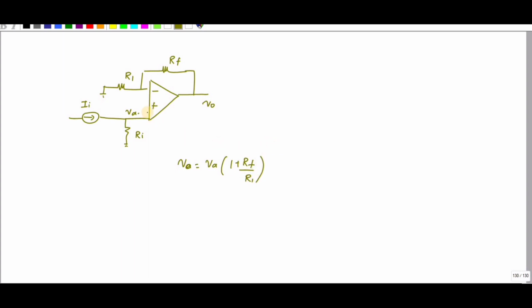Since there is no current flowing inside the op-amp, the entire current will flow through this resistance. So I can write VA is equal to IA into RI. I will substitute it here: IA RI into 1 plus RF divided by R1.